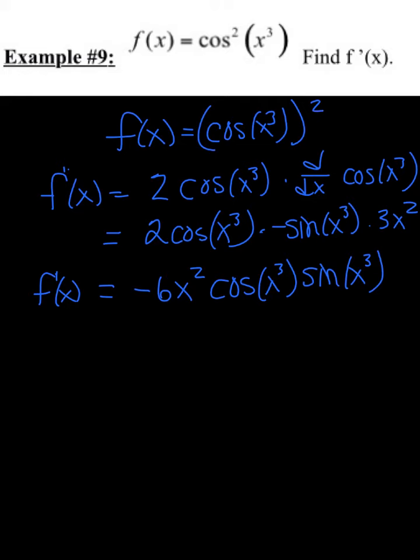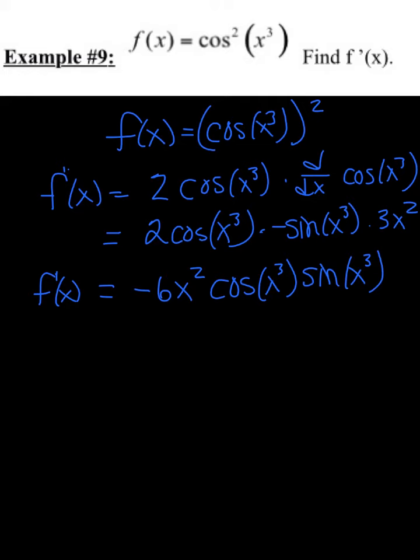Now that's an interesting one. Cosine x cubed sine x cubed. I wonder if there's an identity that relates cosine and sine of the same thing when there's a product. And I believe there is. Let me get a different color here real quick.